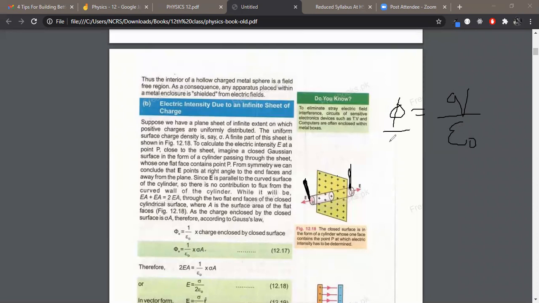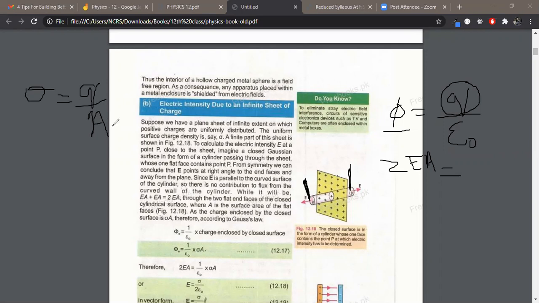So we can replace our phi with 2Ea, that is the total flux in our Gaussian surface, and we can replace our charge with the equation of charge density. What is charge density? We can represent charge density with the sign of sigma. The charge density is the charge present in an area.